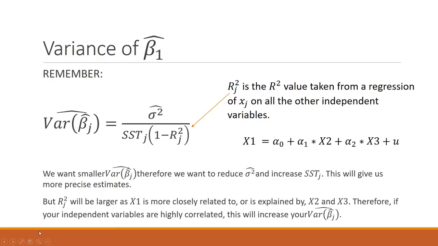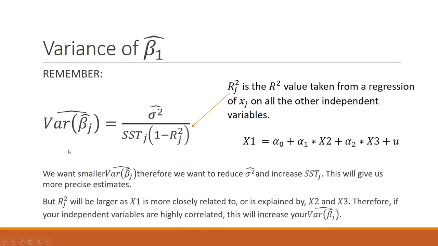But now let's tie this in. rj squared will be larger as x1 is more closely related to or explained by x2 and x3. Therefore, if your independent variables are highly correlated, this will increase your variance. This will increase the variance of the coefficient on the variable that you're looking at.